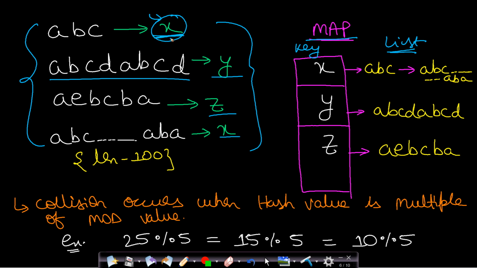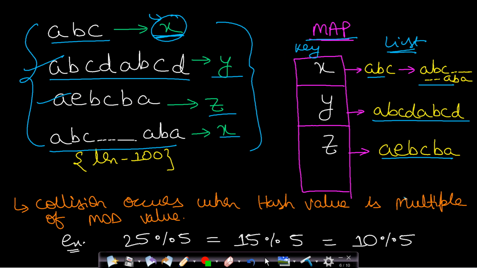So hash value X represents this ABC and also this string having length equal to 100. So these two will be stored in this list, okay. Now this second string has hash value Y, and this third string has hash value Z, okay. So this is the way you represent a hash map.